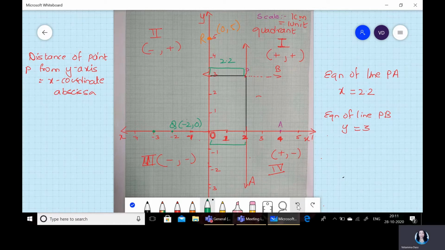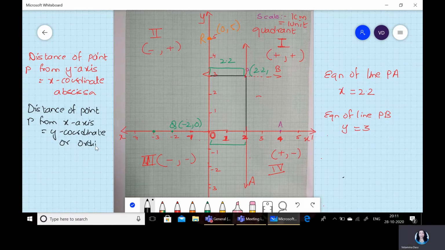And if I want to find out the y coordinate or the ordinate, so here again I can write the same thing. Distance of a point P from the x-axis is the ordinate or y coordinate. So if I try to find out what is the distance of this, this distance is 3.